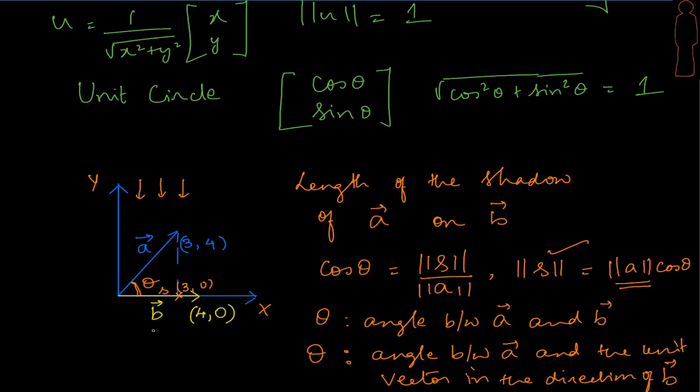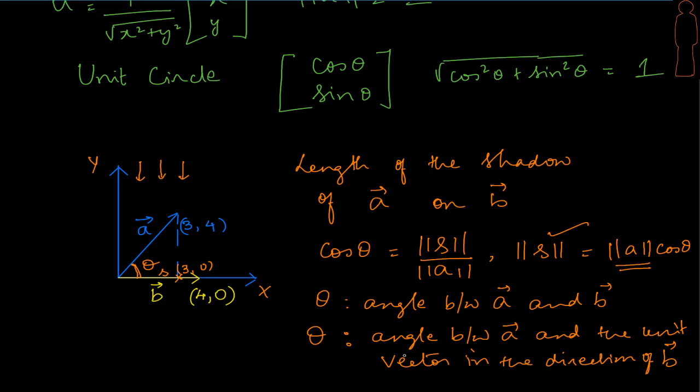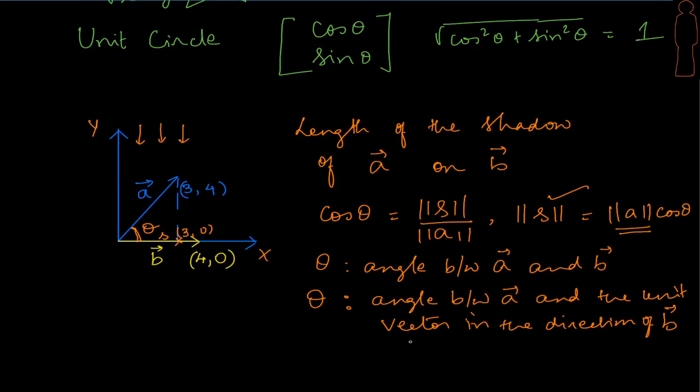Given A and B vectors, we will be able to give the length of the shadow of A on the unit vector in the direction of B, and that will be the magnitude of A cos theta. Let's call this unit vector in the direction of B the u vector.